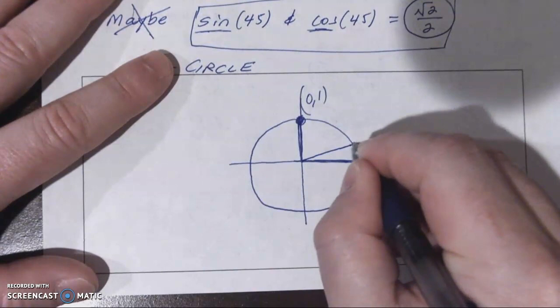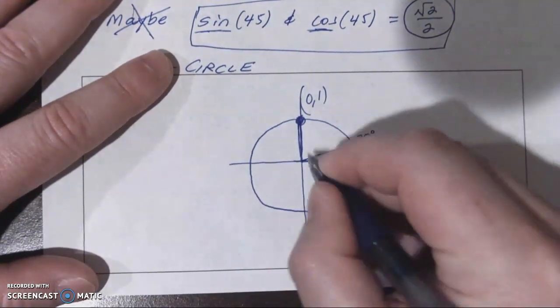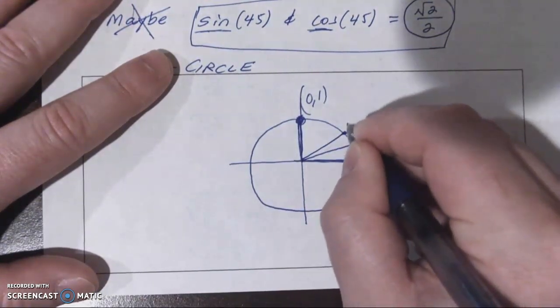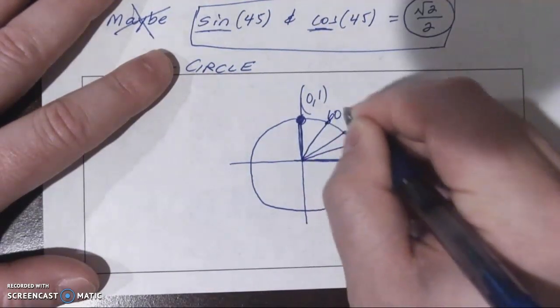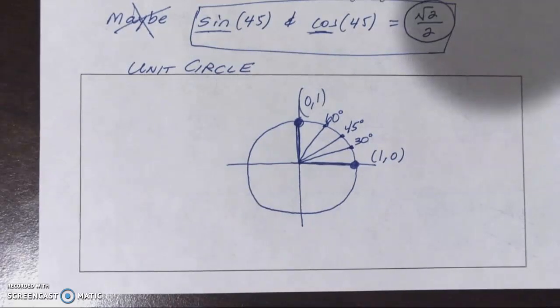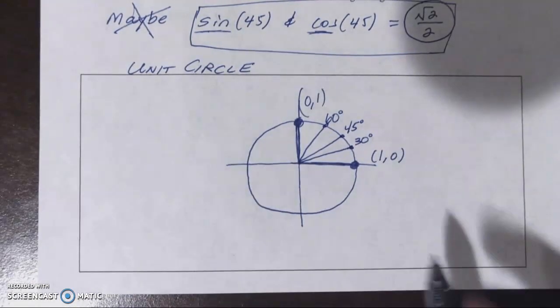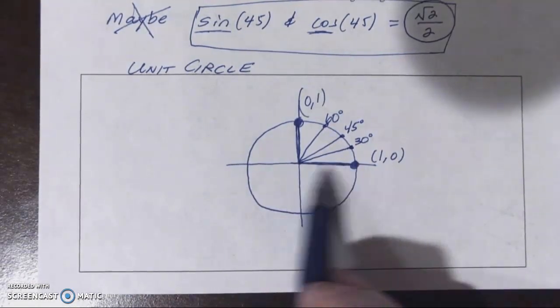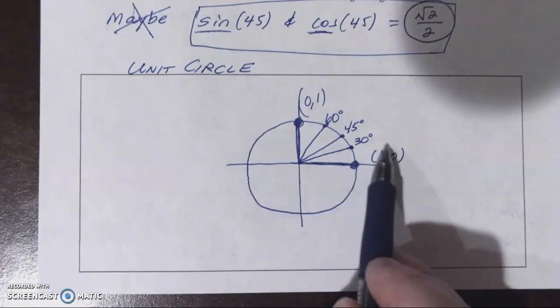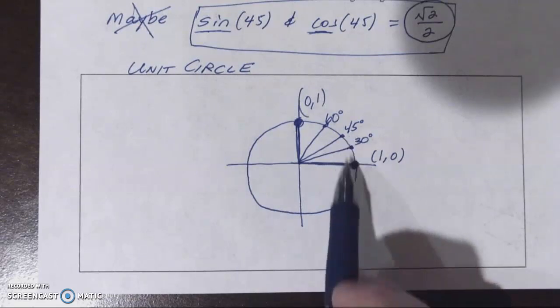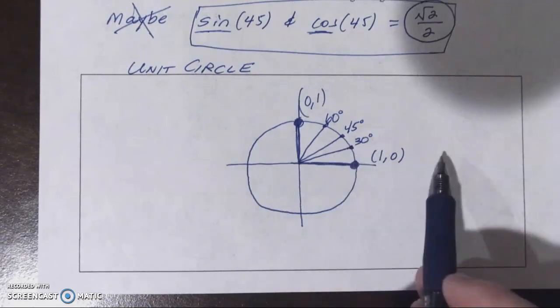We want you to know the 30-degree angles, the 45-degree angles, and the 60-degree angles, and their sine and cosine values. And you'll learn that cosine is kind of the horizontal part of each one of these points, the x-coordinate. Sine is the vertical part of each one of these points, the y-coordinate.